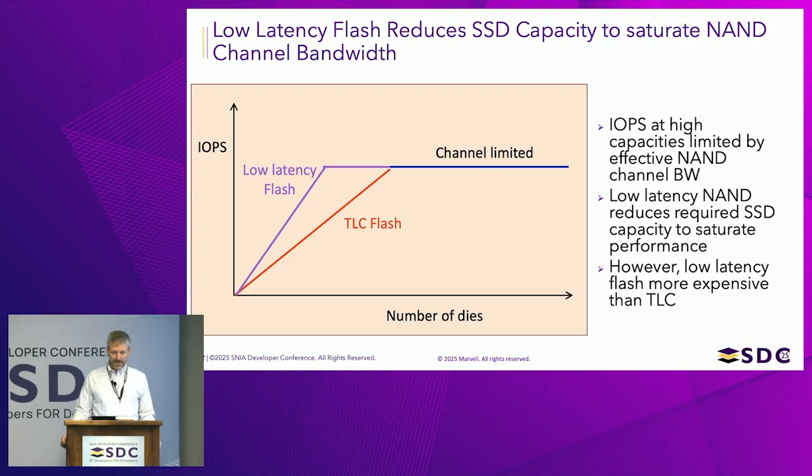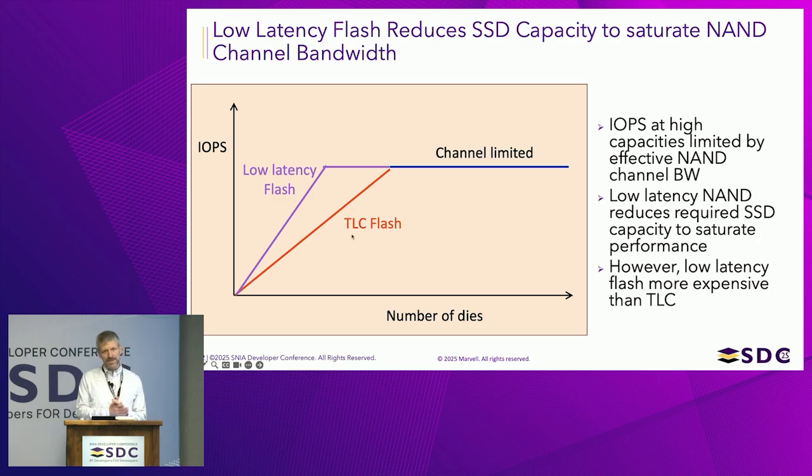Here I wanted to show IOPS as a function of the number of dies. As I said before, the read performance is a factor of the number of pages that you can read concurrently. So in the end, a key factor here is the number of dies. I'm showing two scenarios here: one for TLC flash, and one for low latency flash.